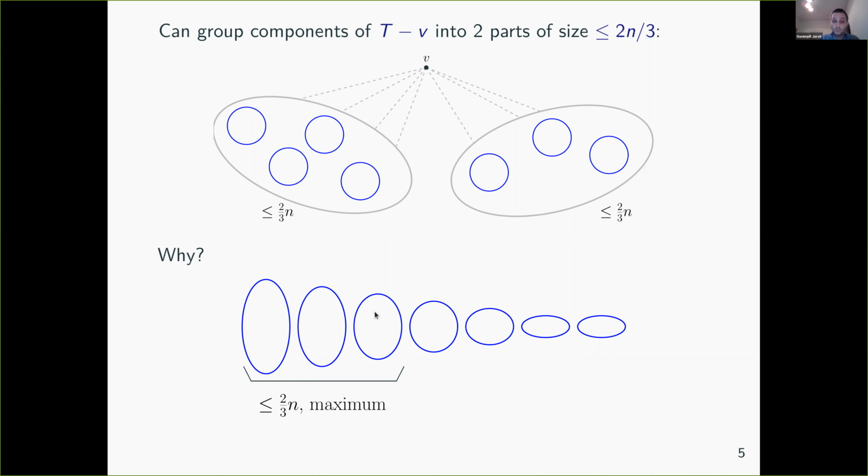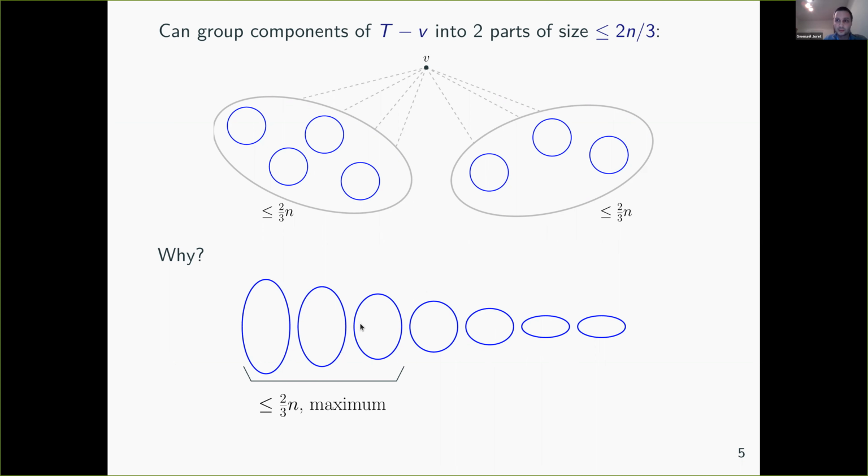And now, why is this good? Well, obviously by definition, you have at most 2/3 n on the left, but we also need to check that we took at least 1/3 n in, so that on the right, we have at most 2/3 n. So why is that the case? Well, let's look at the first component we didn't take. If it's of size at least 1/3 n, then it means the first component was of size at least 1/3 n, and so we are good.